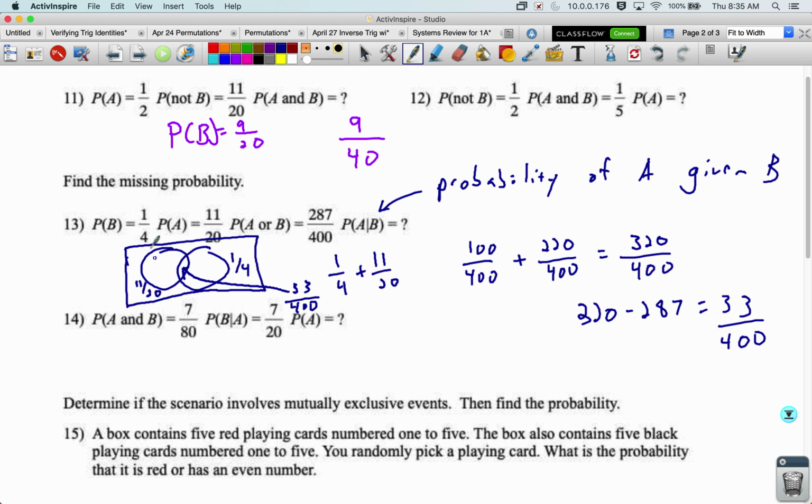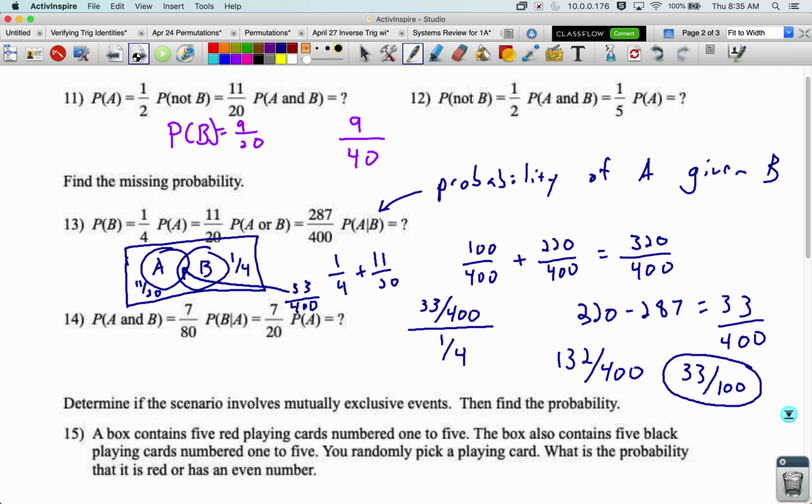Now the probability of A, so we said this is A, given that you're in B: the B is 1/4, so that becomes the bottom of the fraction, and the sliver in there is 33/400ths. So the question is, what part of that 1/4 is the 33/400ths? We can multiply 33 times 4, which is 132/400ths. I'll just use my calculator to simplify that with the math, enter, shortcut, and I get 33/100ths.